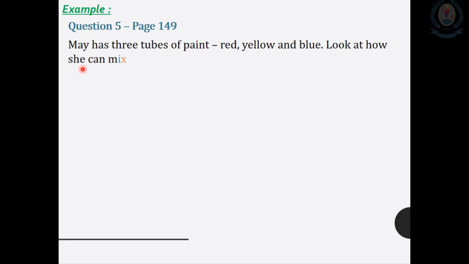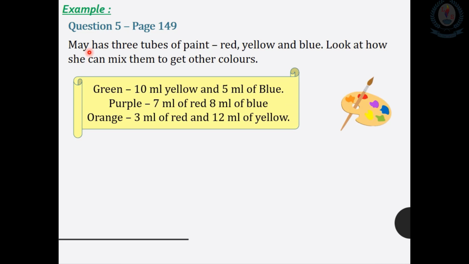Here I have selected a question from page 149. Read it, children. May has 3 tubes of paint, red, yellow and blue. And see how she can mix them to get these colors. To get the green color, she has to mix 10 milliliters of yellow and 5 milliliters of blue.